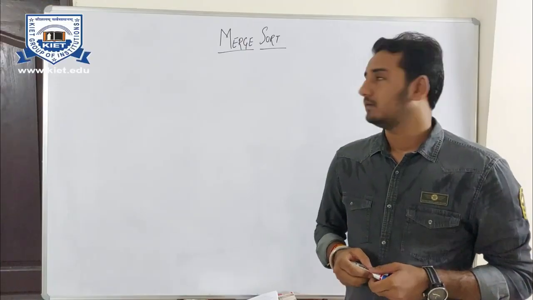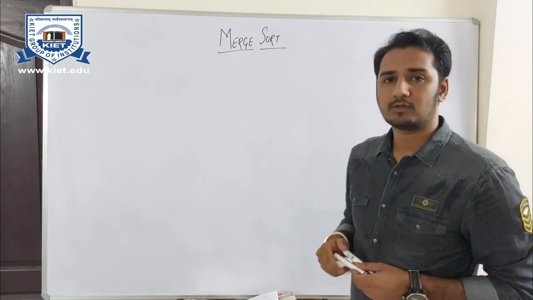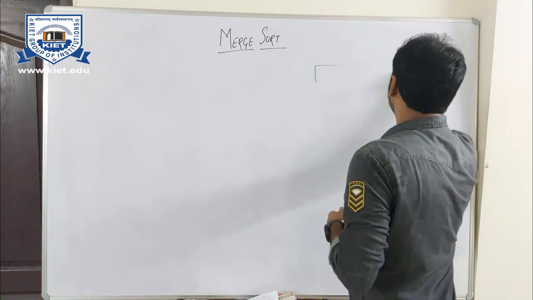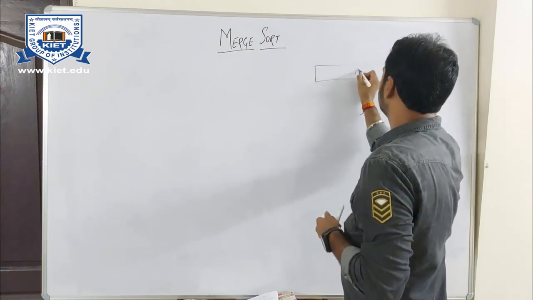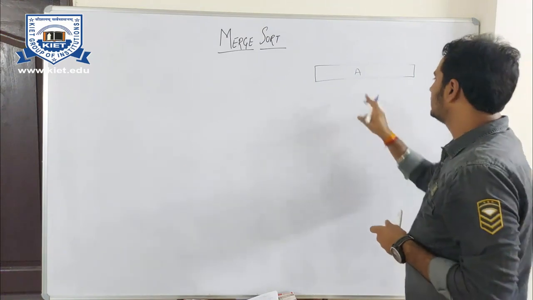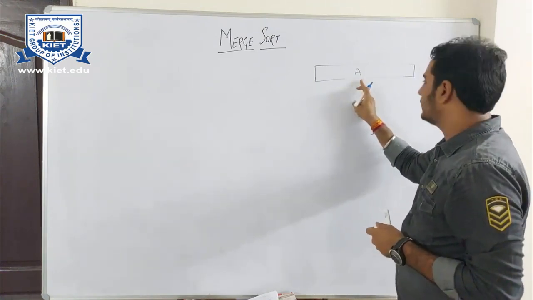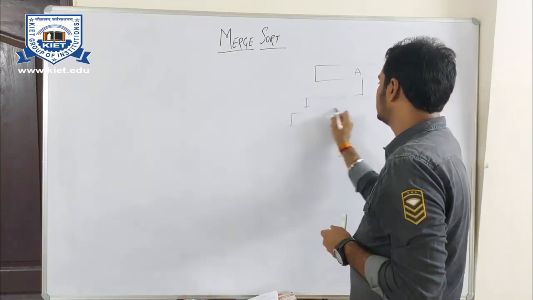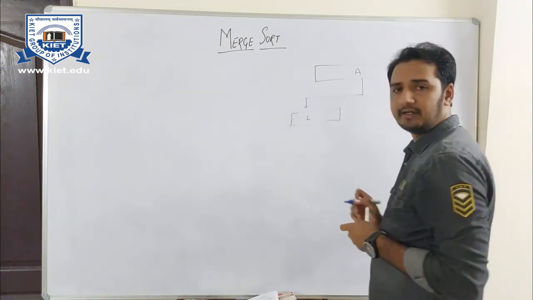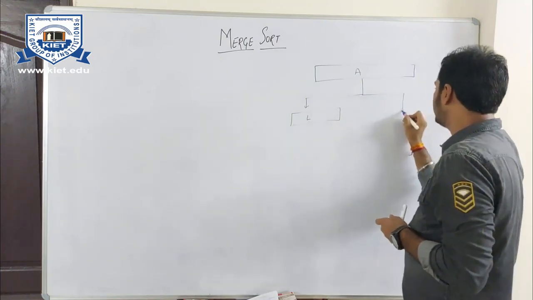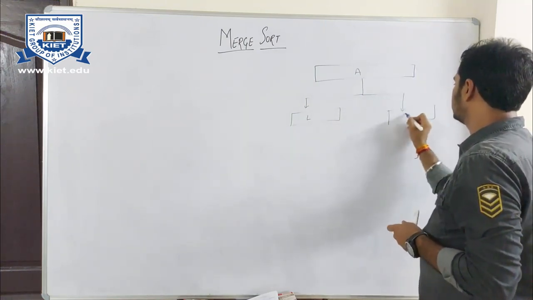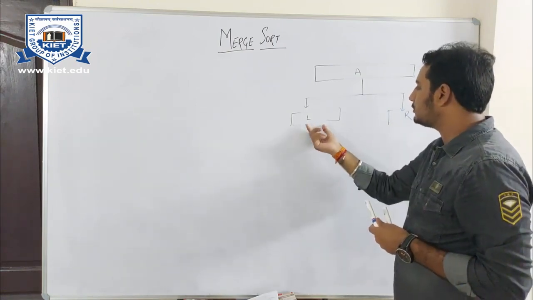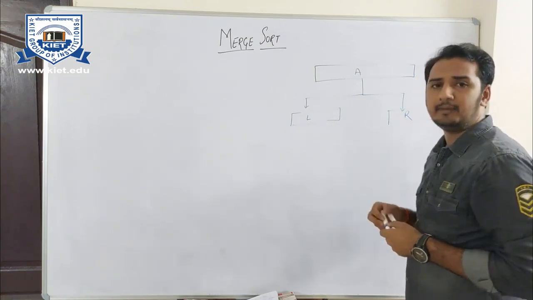Today we are going to see one of the sorting techniques, that is merge sort. Suppose we have an array A. What we will do is divide this array into two equal parts. Suppose the first part is this left array L and the second part is this right array R. Then we will try to sort this left array and right array independently.